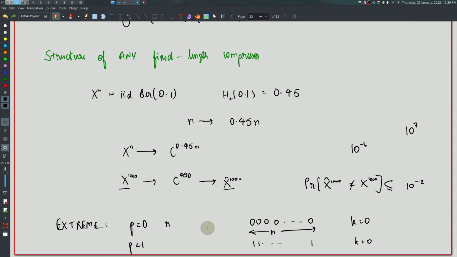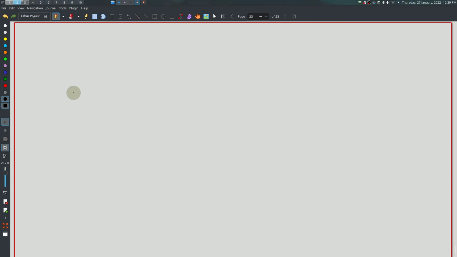So for example, one very simple way to do it is that let us assume that we're only interested in compressing sequences with exactly one 1. You have an n length sequence x^n, and both the encoder and decoder know that the number of ones is equal to 1.